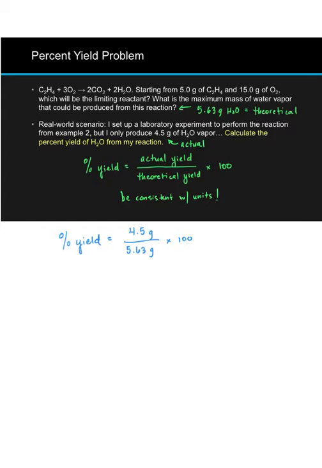When we divide 4.5 by 5.63 and multiply by 100, we get precisely 80 to 2 significant digits. I'll place a decimal point right after the 0 in 80 to keep 2 sig figs. Therefore, our percent yield for this reaction is 80%, which is actually quite good compared to many other chemical reactions.